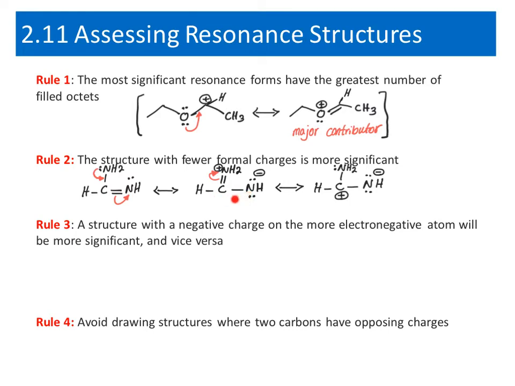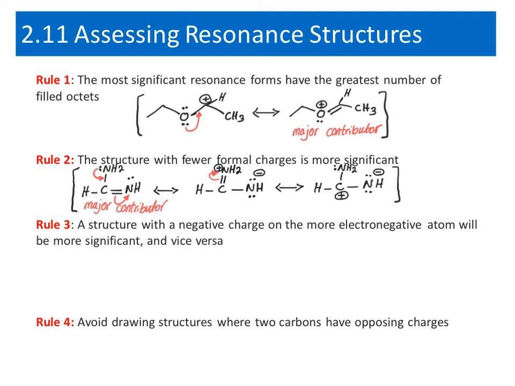In the second structure, you can see we have formal charges. However, in the first one, we have 0 formal charges, meaning that this one is the major contributor. Don't forget to put the resonance structures in brackets.